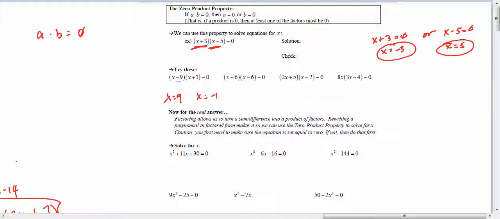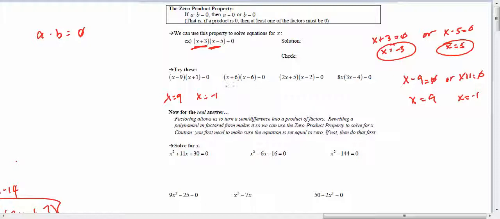No, I'm not talking about foiling. I'm asking you what x values make this true. You would say either x minus 9 equals 0 or x plus 1 equals 0. Solving for x, you would get x equals 9 or x equals negative 1. This is exactly the parabola things. I taught you this before.